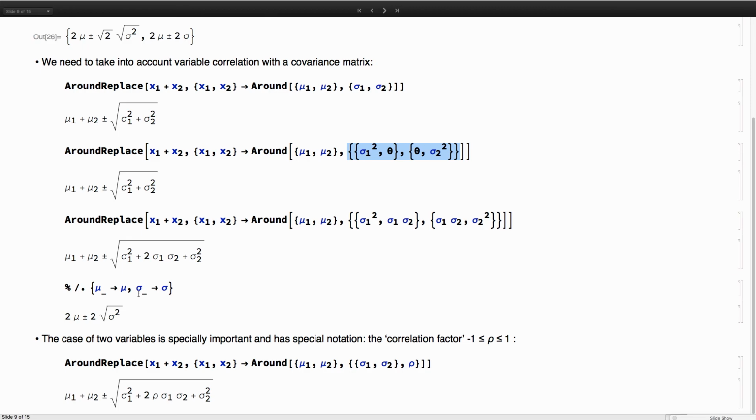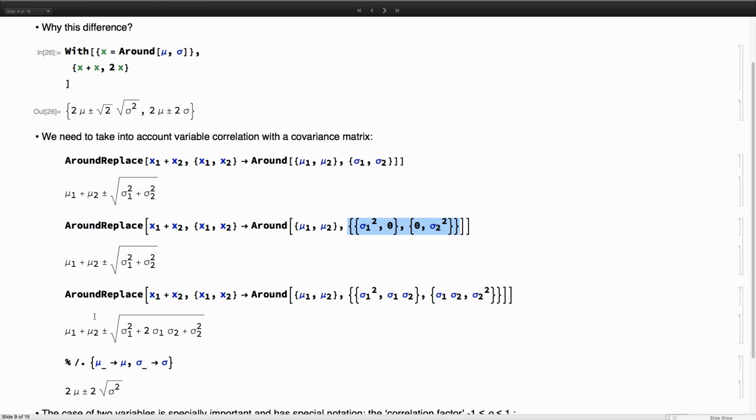And now, yes, this is the case where, when we replace the mu's, we get the factor 2 instead of the factor square root of 2 that we had originally, right? So the 2 means correlation.